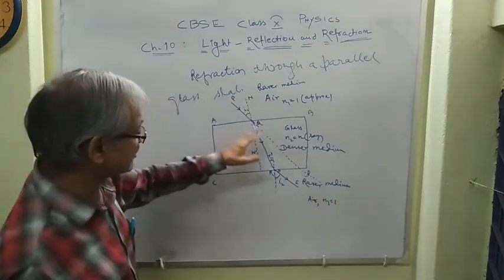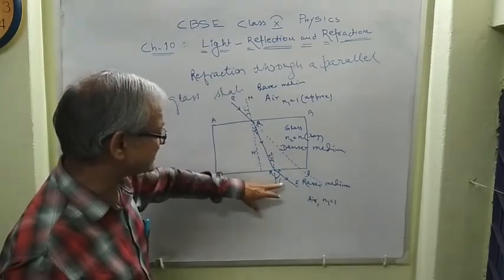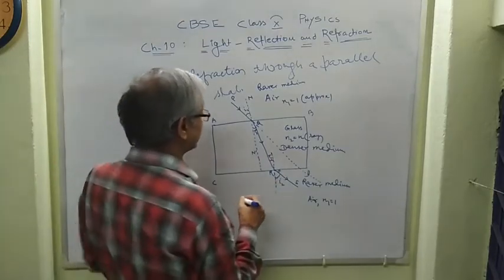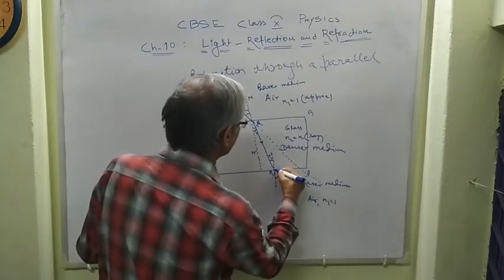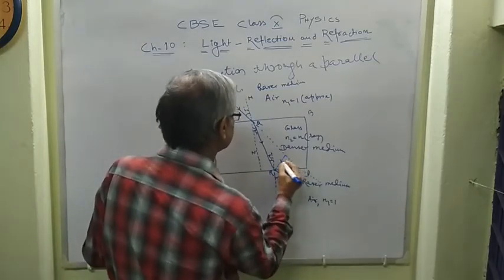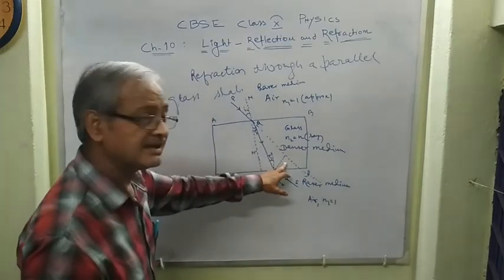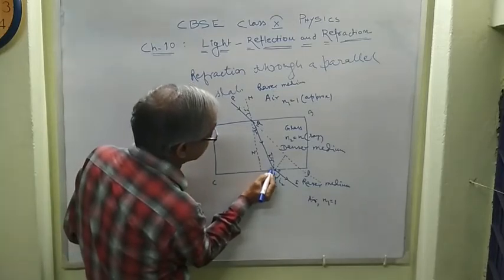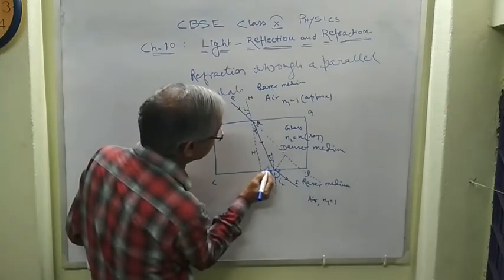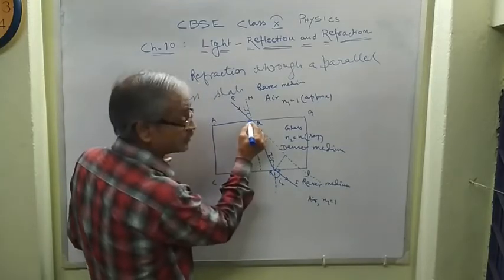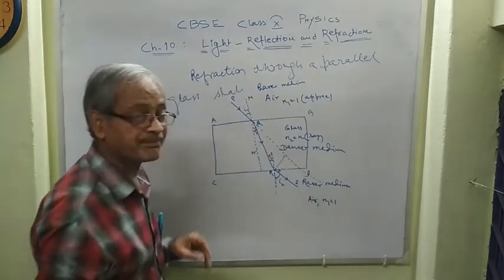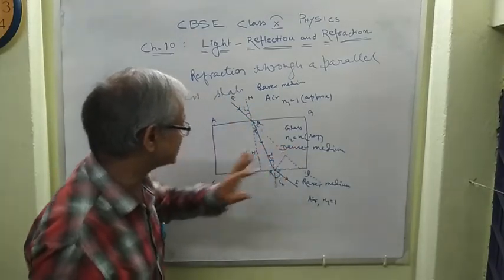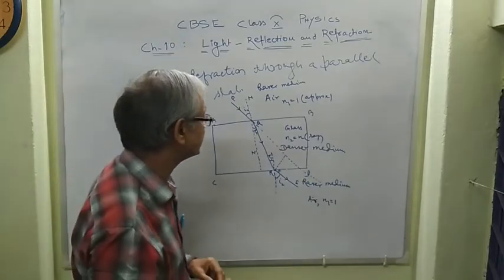That is, the direction of the incident ray and the direction of the emergent ray are parallel to each other actually. We can prove it. Now, if we draw a perpendicular on this line, then this is the lateral displacement or lateral shift. If we extend the emergent ray in the backward direction and draw a perpendicular from Q, it will also be the lateral displacement, the distance between the direction of the incident ray and the direction of the emergent ray.